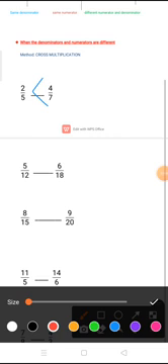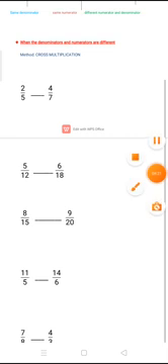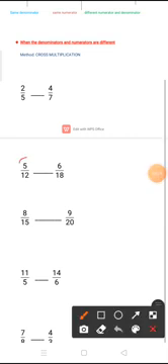Here also you can see the two fractions are unlike fractions. Neither the denominators nor the numerators are the same. So which process are we going to use? Cross multiplication. The first fraction's numerator is to be multiplied with the second fraction's denominator, and we will write it on top.